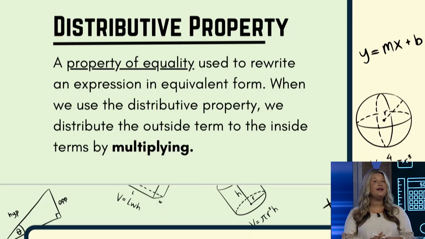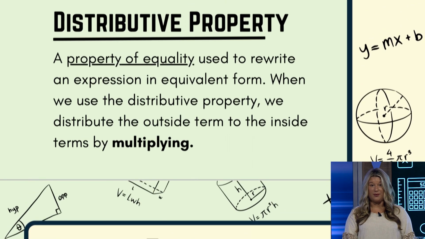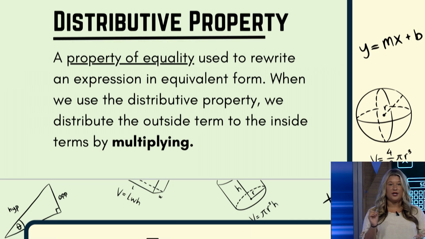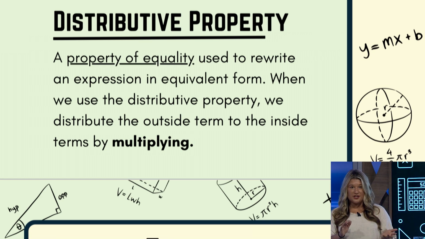Now, distributive property never dies. Okay, we do it in equations, polynomials, you'll have it in geometry, all the other math that you'll do, you'll have distributive property. So distributive property is a property of equality. Equality meaning equal. That root word is equal. So we use it to rewrite expressions or equations in equivalent, equal forms, okay?